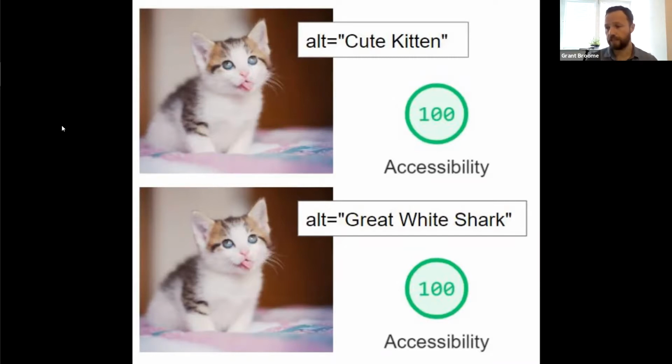So that's just one example. All of the AA criteria that we talked about in single A and AA, all of them present a problem for automated testing, and all of them will need an element of manual testing.